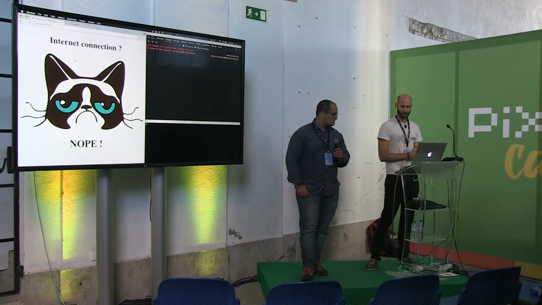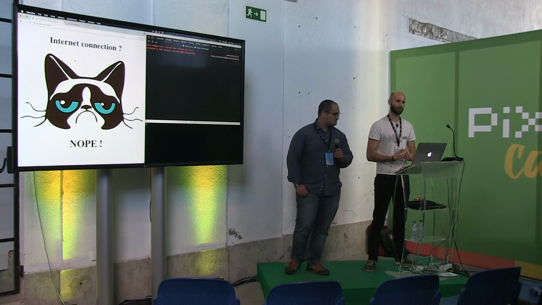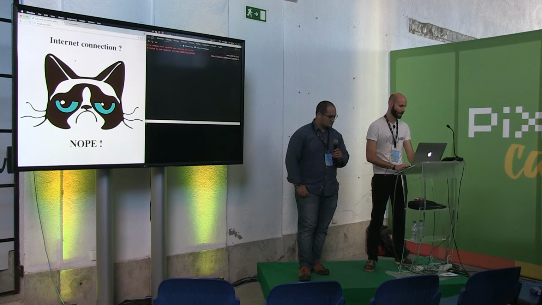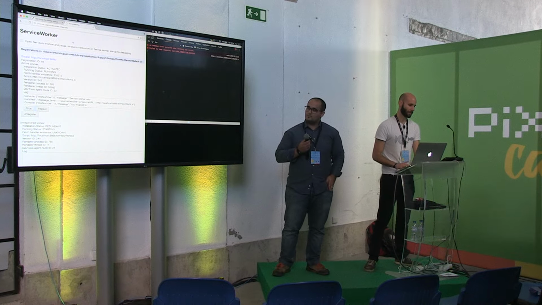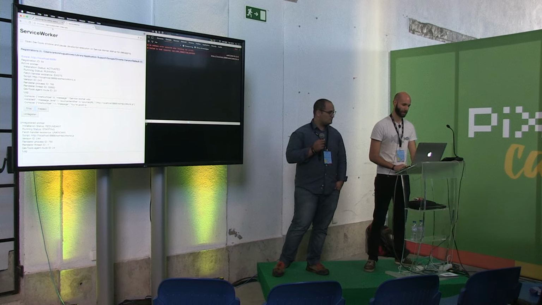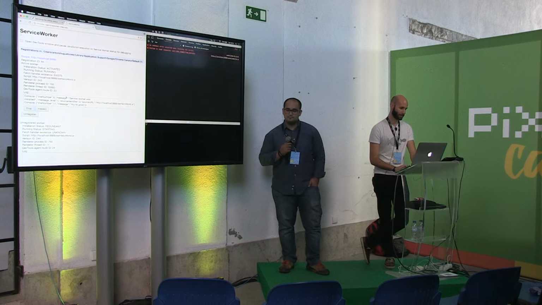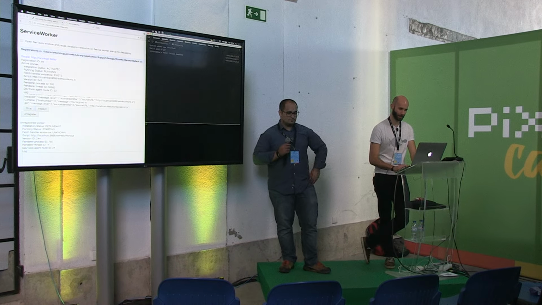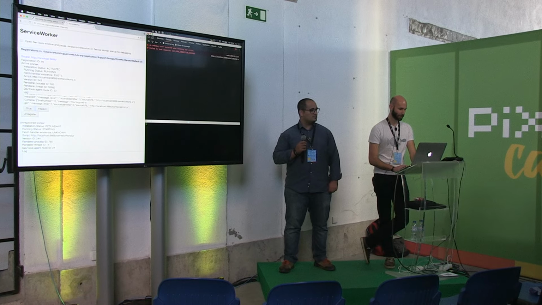Okay, so I guess the next step is to tell how to play with service workers, how to develop them. In Chrome, you have a Chrome service workers internals page that allows you to inspect the code of the service worker, so you can debug it in the Chrome DevTools.